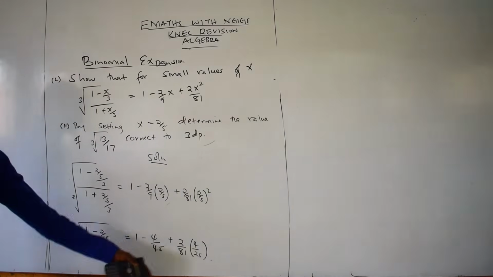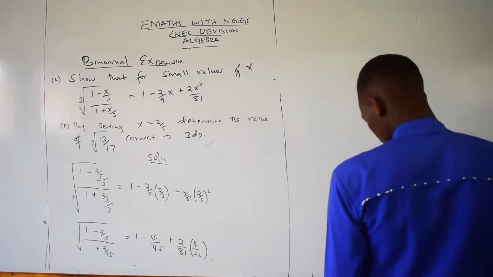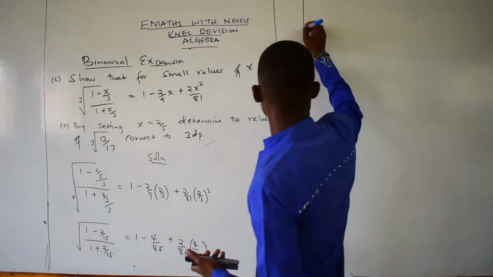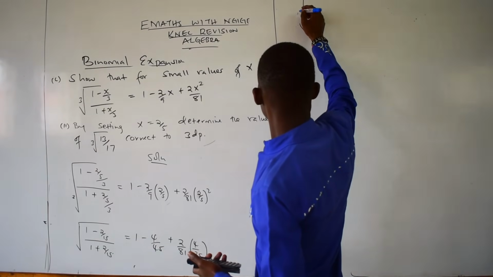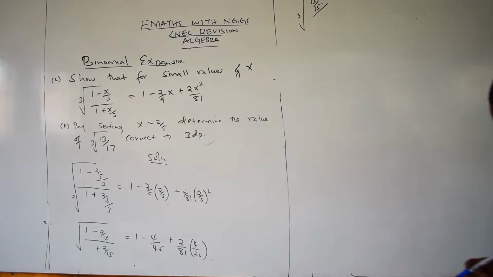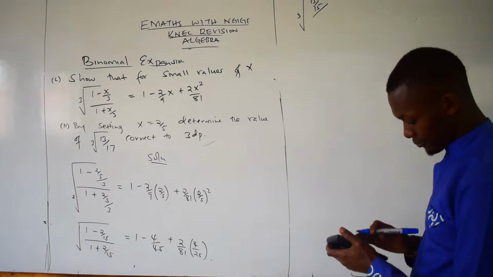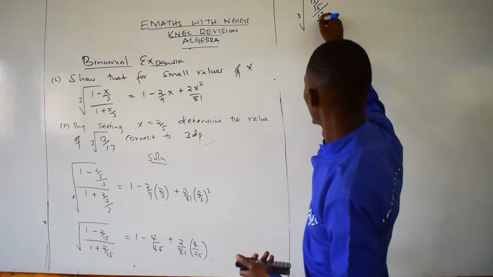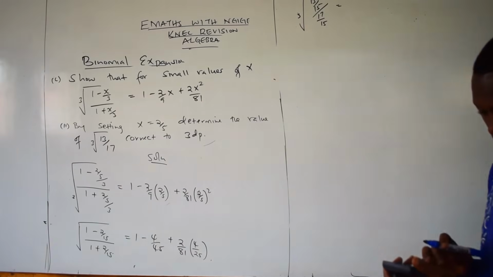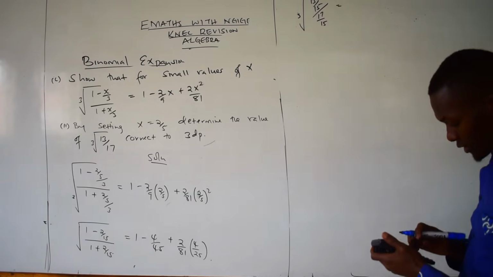So you can find the value on the left hand side, and you have the value on the right hand side. So we have 1 minus 2 over 15, that gives us 13 over 15, the cube root of 13 over 15 over 1 plus 2 over 15, which gives you 17 over 15, which now gives us the value of 1 subtract 4 over 45.